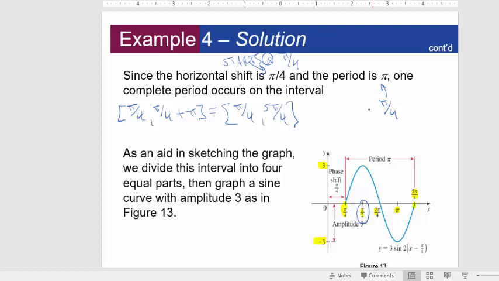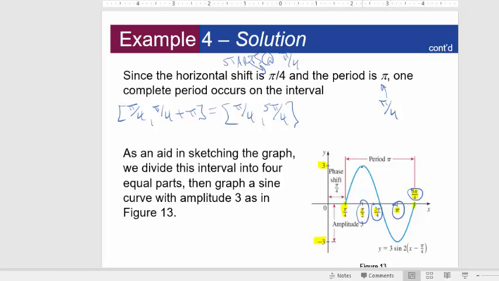Then another point at pi over 4 plus 2 pi over 4, which is 3 pi over 4. Then another quarter point at pi over 4 plus 3 pi over 4, which is pi. And by the time we add 4 pi over 4, which is the period pi, to pi over 4, we get back to where we started, and that's 5 pi over 4.